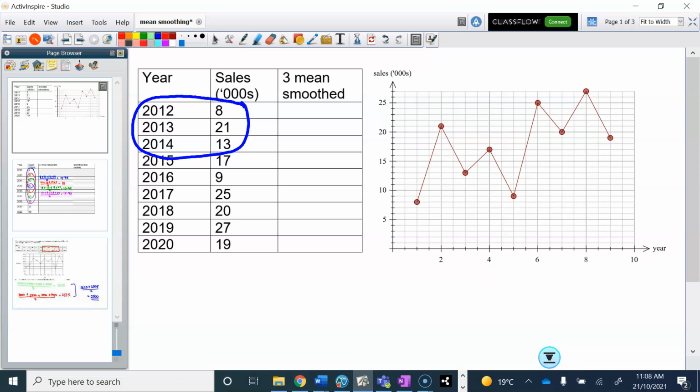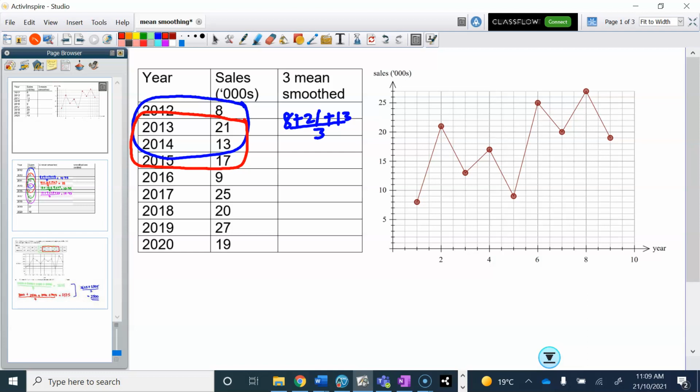So in terms of the mean, we would be calculating 8 plus 21 plus 13 and then dividing that number by 3.